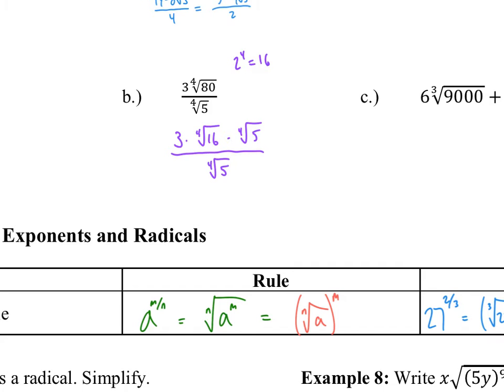What that also helps is that because I have a 4th root of 5 divided by a 4th root of 5, those just cancel. This is equal to 2. So where that ends up is 3 times 2, which of course is 6.